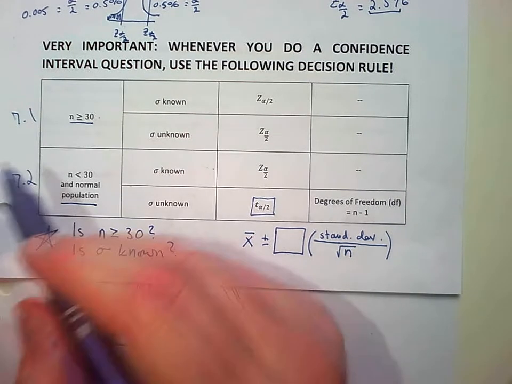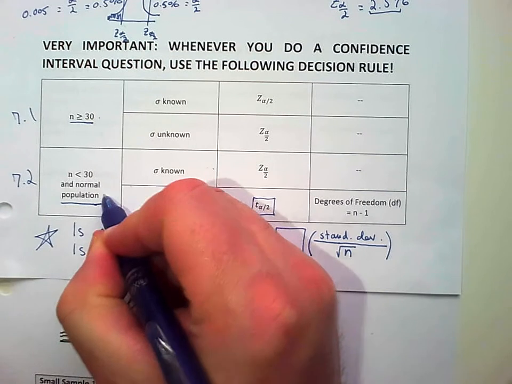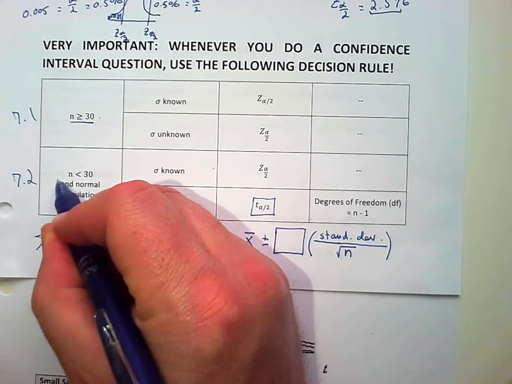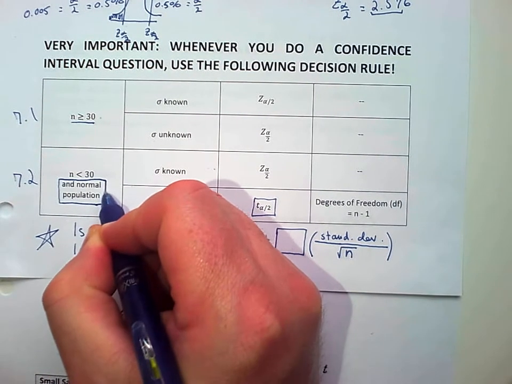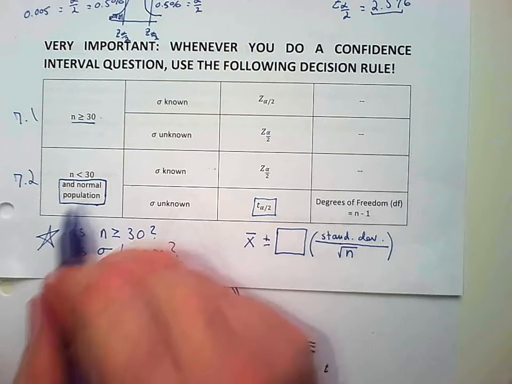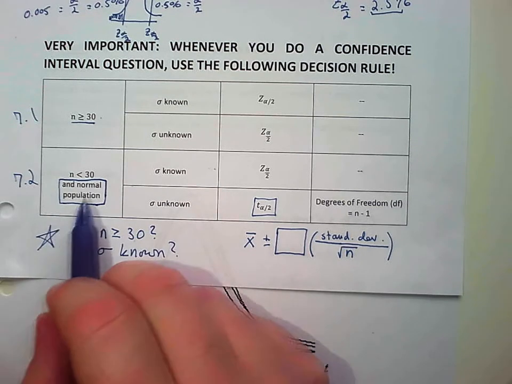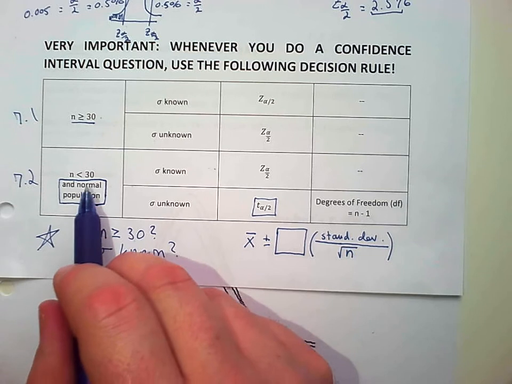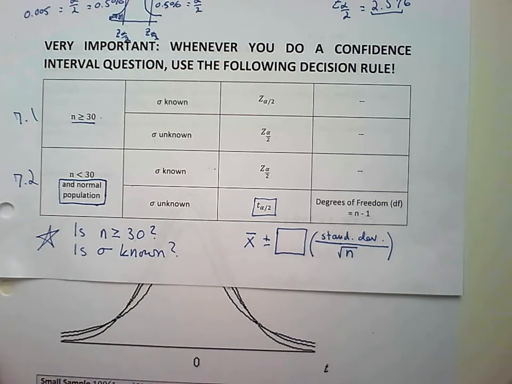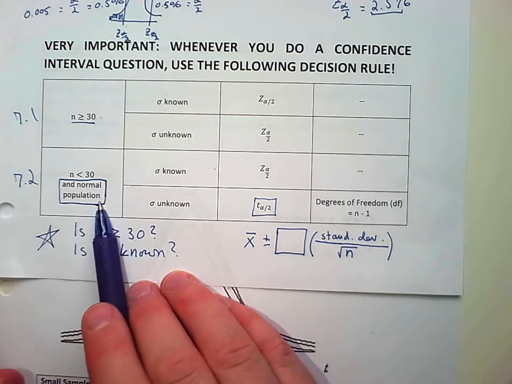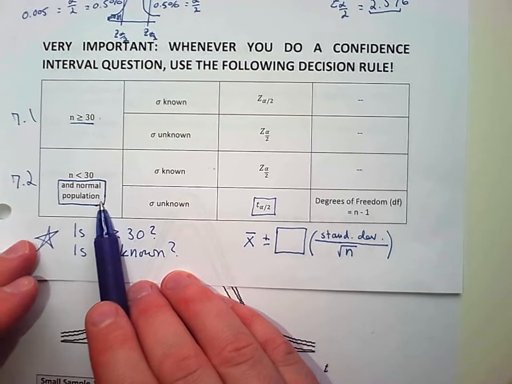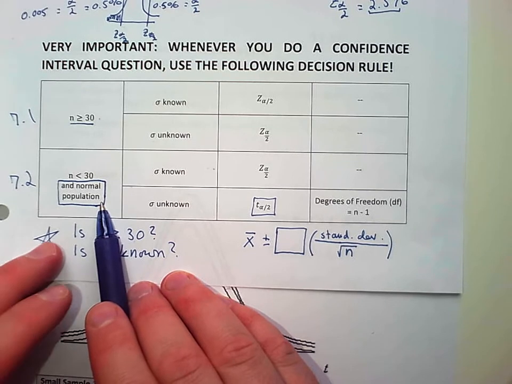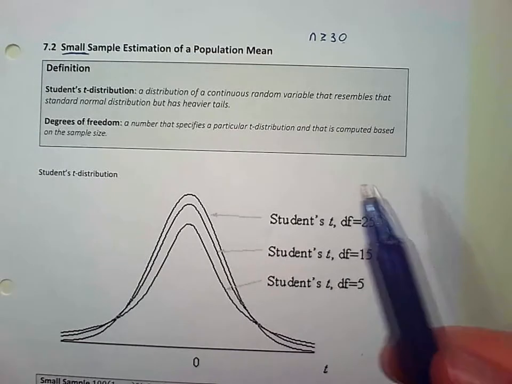Now, keep in mind, this is just a technicality for right now. You don't really have to remember too much about this for right now. Once we come back and talk about this a little bit more later, we still want to make sure that our population is normally distributed. But let's just leave that as a side note for right now. And once it becomes important, I'll make sure that I mention this to you again.